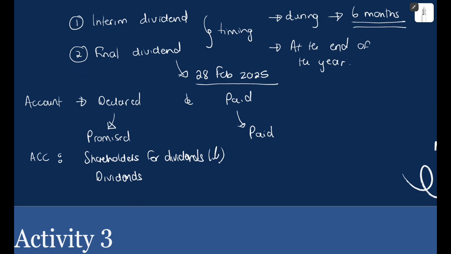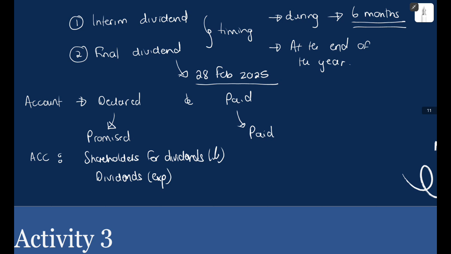It's a liability account, and your dividends is an expense account. So the shareholders for dividends is a liability account, and we use a liability account because these dividends have been promised to be paid. So if you promise something to someone, then it means that you owe them. So we need to have a liability account for the people that we owe. So that would be the shareholders for dividends account. And then the account that would be the contra account would be my dividends, right?